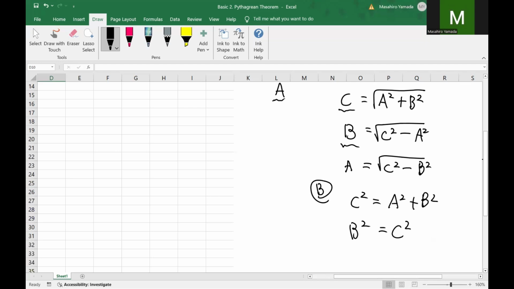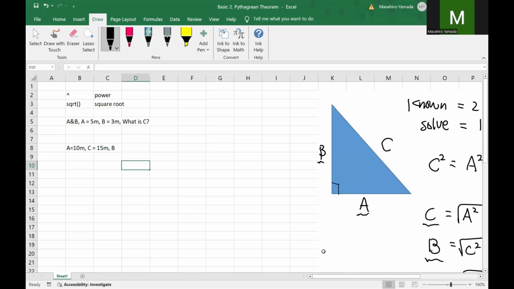What you have to do is move this A squared to the other side of the equation so that B is isolated. So if you do negative A squared, you can cancel it. If you do something on the right side of the equation, you do the exact same on the left side of the equation too. So therefore, you have negative A squared over here.